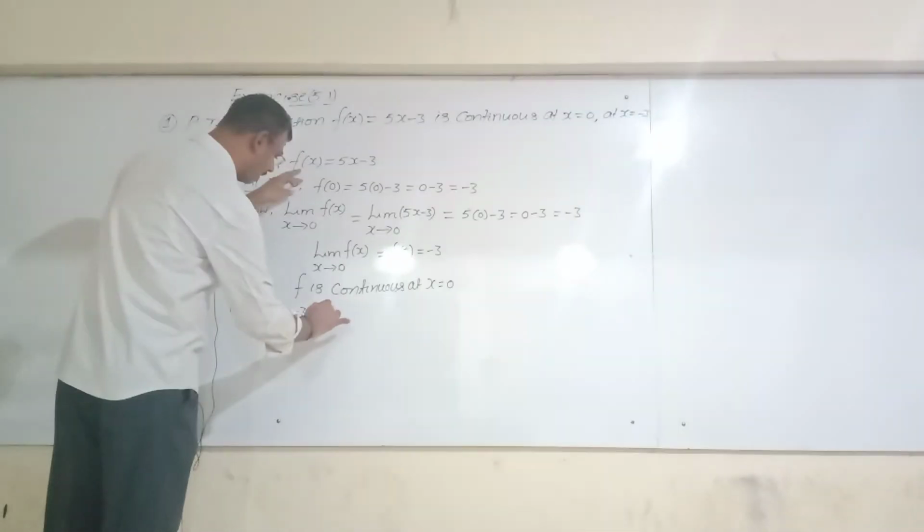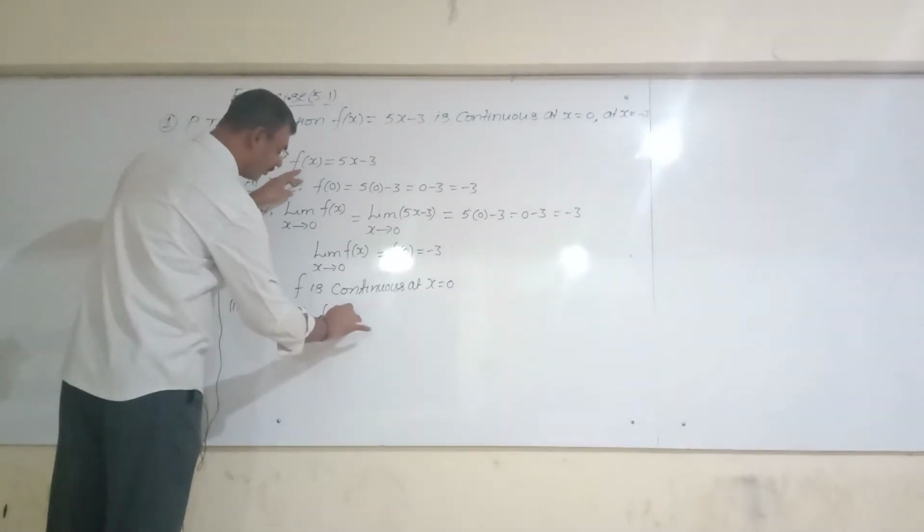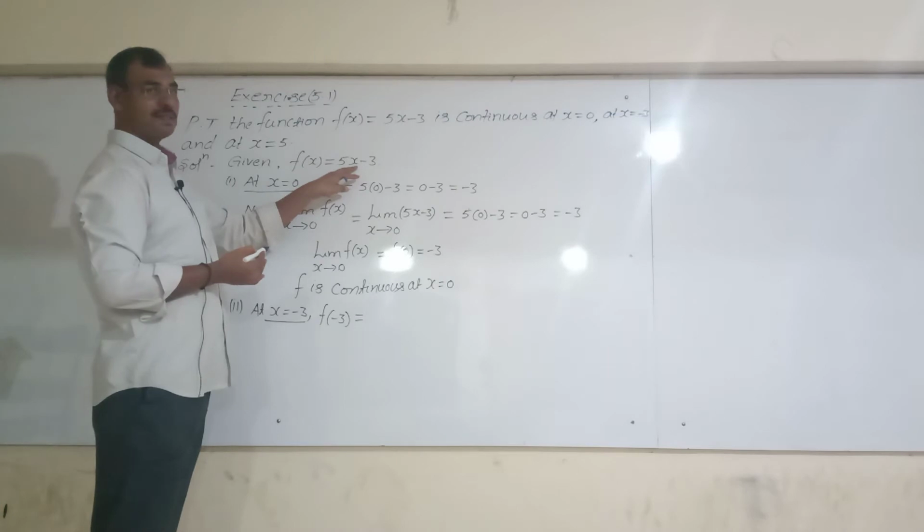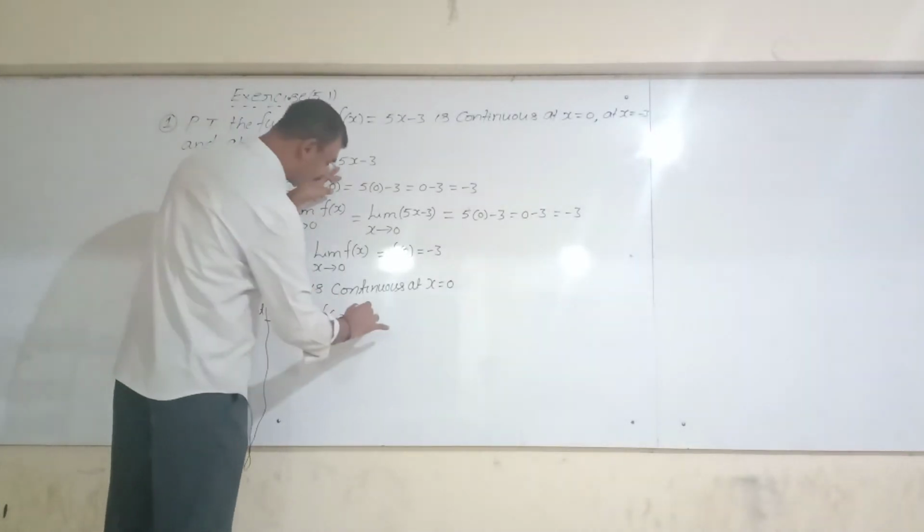Next bit is at x equal to minus 3. Second problem, at x is equal to minus 3. Firstly, we have to follow exactly similar steps. f of minus 3 will be, substitute x is equal to minus 3.